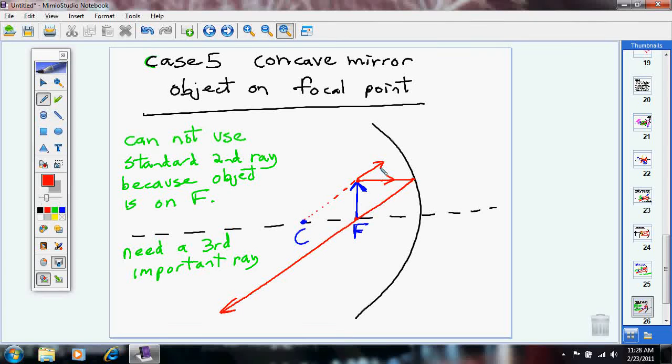But in such a direction, it's right along the normal line. So it's as if it came from the center of curvature. And when that light ray goes and hits the mirror, it hits right along the normal line. So how's it going to bounce? Straight back through the center of curvature.